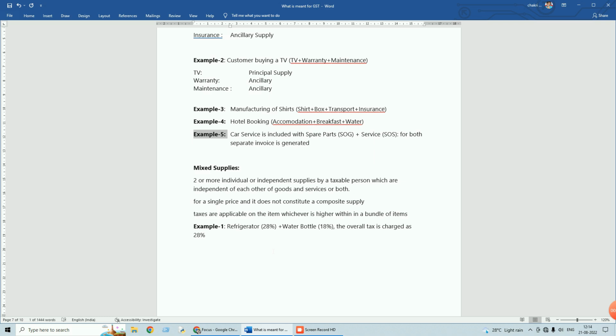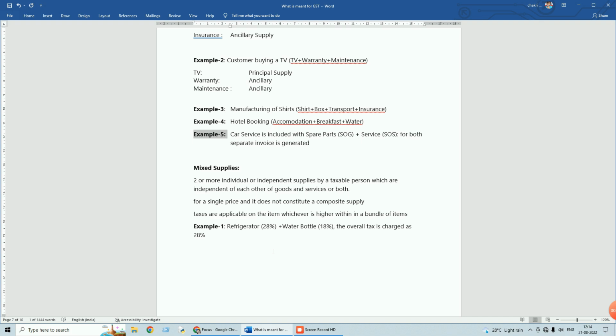So even if he gives any price for water bottles, now here in the mixed supplies, we will see whichever rate is higher in the given bundled products. In the bundled products, say I have many products, 4 to 5 products.